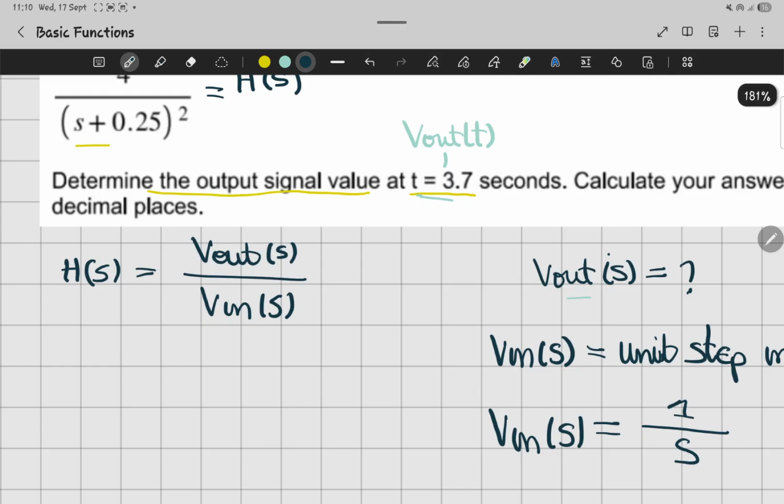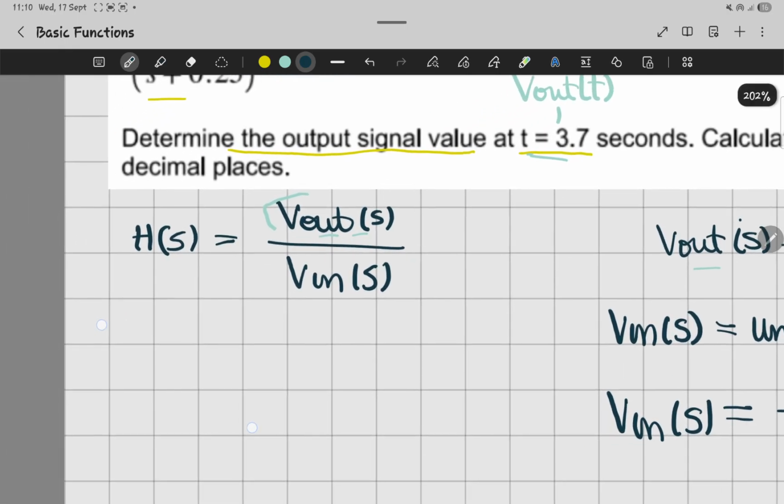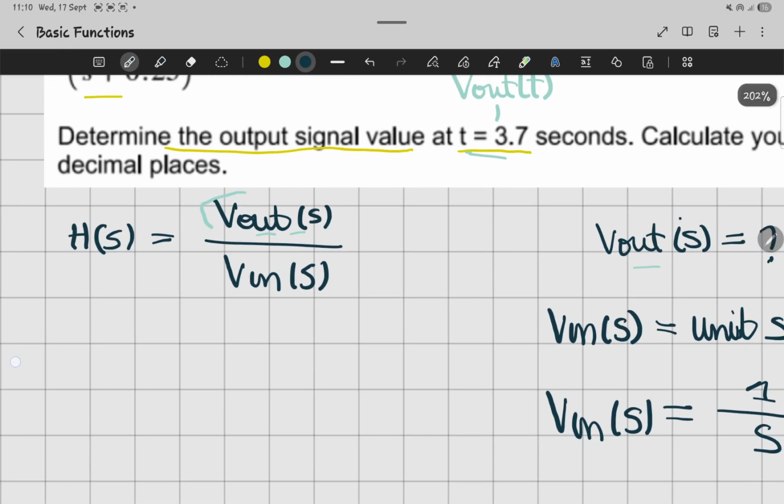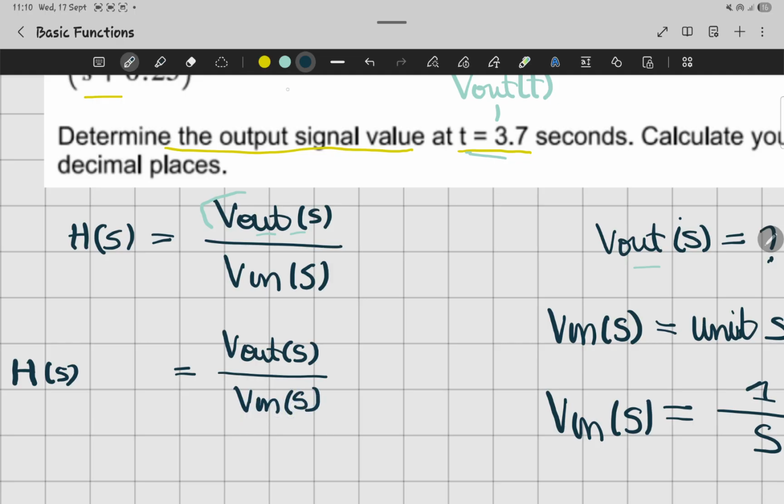Now we need to look into V out. How are we going to get V out? If we take this equation, we can multiply both sides by V in. I'm going to write both equations and put some space, so I can multiply both sides with V in.